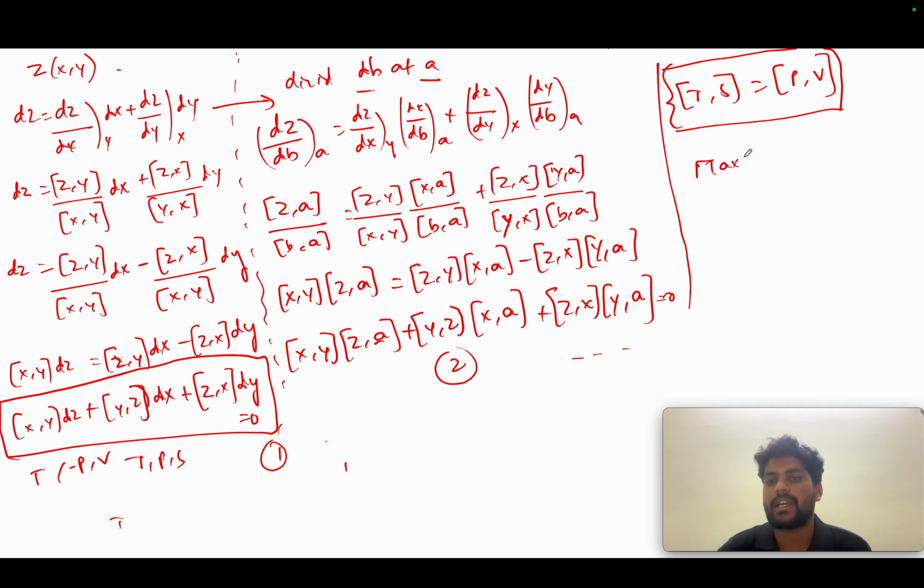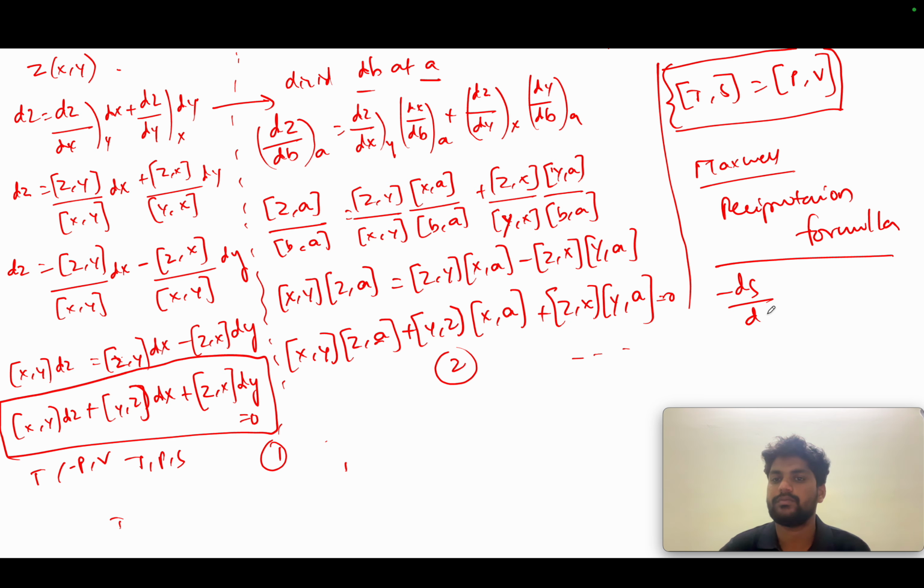If you remember, in Maxwell we have done everything through reciprocation formulas. That you can apply from here also. If you apply to one side, say minus dt, but I'm not sure. So if I take any one equation, say suppose from internal energy, you will get minus dp by ds.